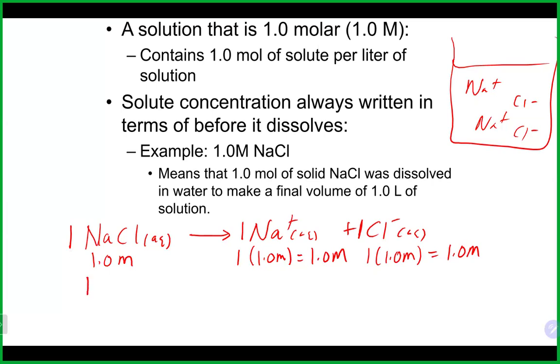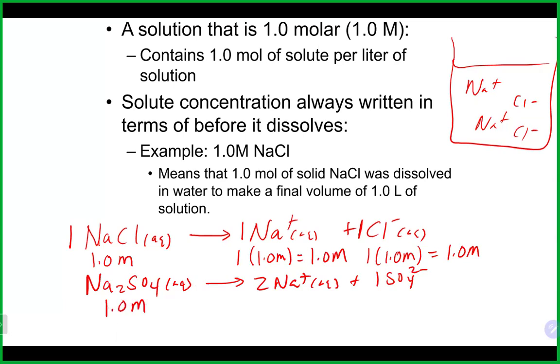Like if you had, I think we looked at sodium sulfate the other day. In this case, when it breaks apart, we get 2 sodium ions and 1 sulfate ion. I don't really need to put the 1, but I'll put it there. If we had 1 molar of our sodium sulfate, it is a 1-to-2 relationship between that and the sodium ions, so it is twice as concentrated in terms of the sodium ions.